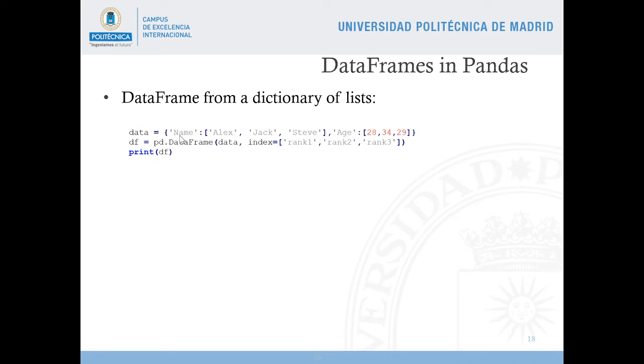Also, note that the elements Alex, Jack, Steve, and the ages already have a name for them. So when you are creating the data frame, the keys of the dictionary will be the names of the columns.